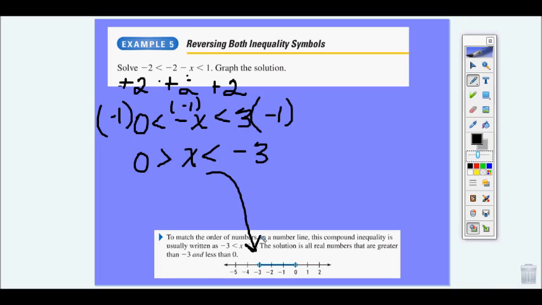We have 0 is greater than x, or x is less than 0. So that is also an open point, and because it's an and statement, you see that they are shaded in between.